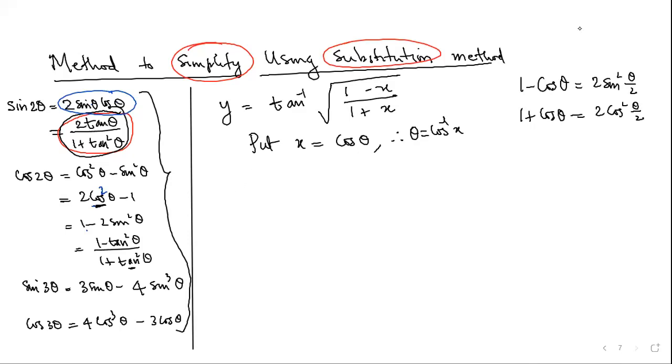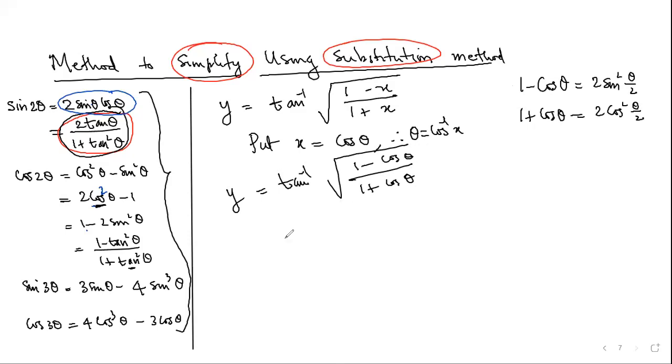Yes, who has given the answer? Yes, Parinita, very good. So it became y is equal to tan inverse of root of 1 minus cos theta upon 1 plus cos theta. Please post your answers, those who have got.